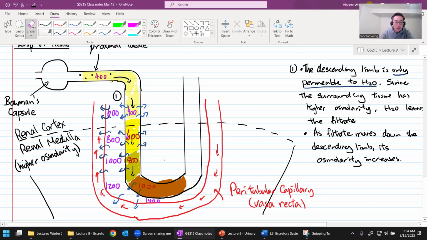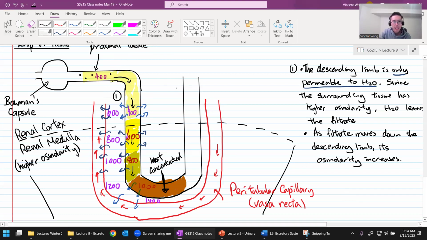And where is it going to be the most concentrated? At the bottom. Most concentrated. So at this point, we have taken back a lot of water. We took a bunch back at the proximal tubules, 60 to 70%, as I said. Now we take back additional water.